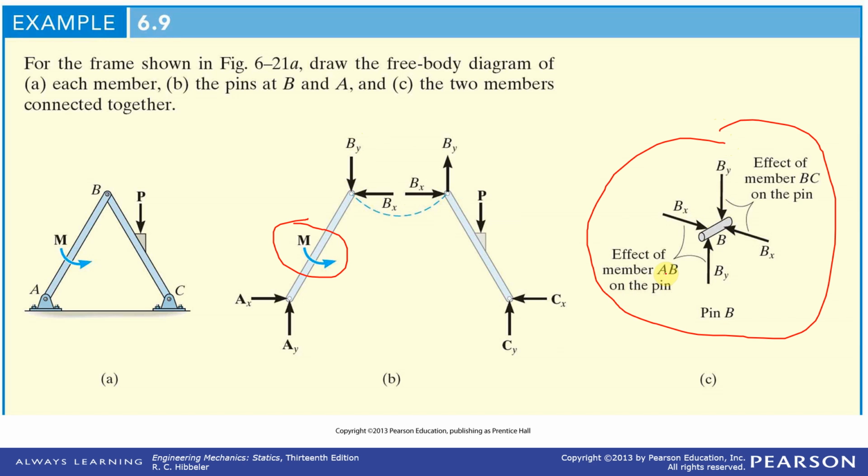The effect of member AB on the pin, these two. The effect of member BC on the pin, these two. So these forces are associated with the right-hand member.